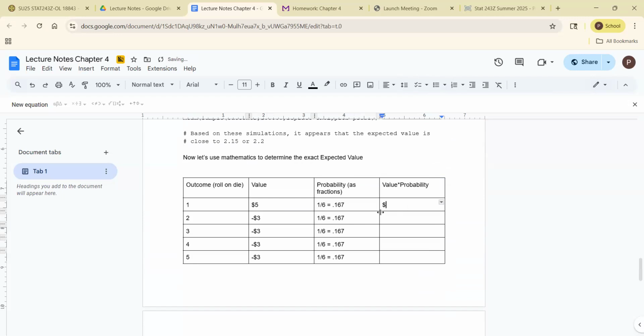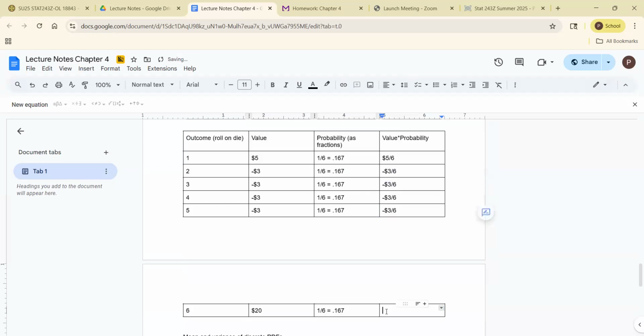So $5 times 1/6, that's like 5/6. Negative $3/6. That's going to repeat a bunch of times. And $20/6. So let me figure out what that is.